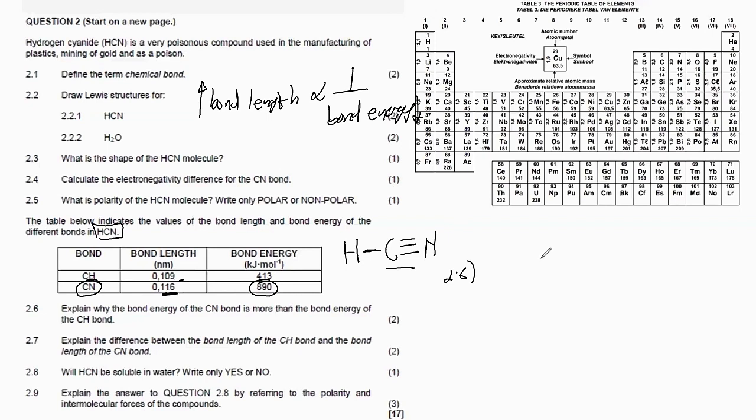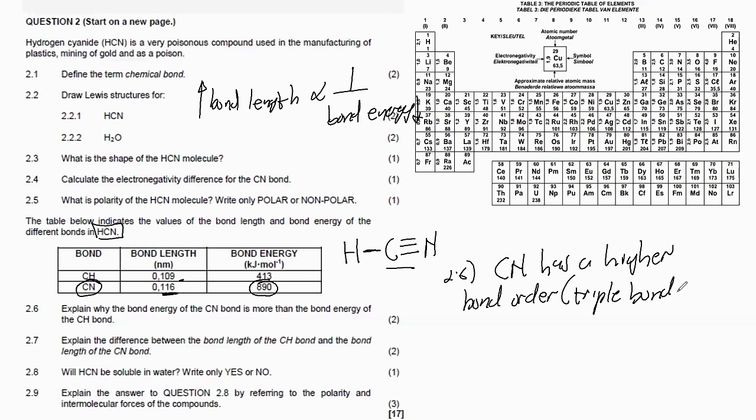For 2.6, we are supposed to now say CN has a higher bond order, so we can indicate that that's a triple bond, than CH, which has a single bond, right?